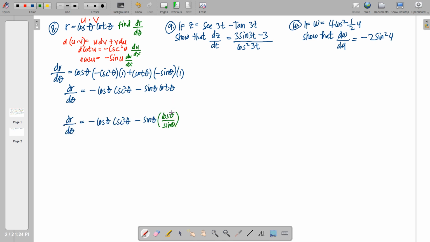So just replace it with cosine all over sine. So sine will just be cancelled. And then, if we look, negative cosine is common, so we can already factor it out. Hence, we have cosecant squared theta plus 1. Hence, we consider that as our answer.